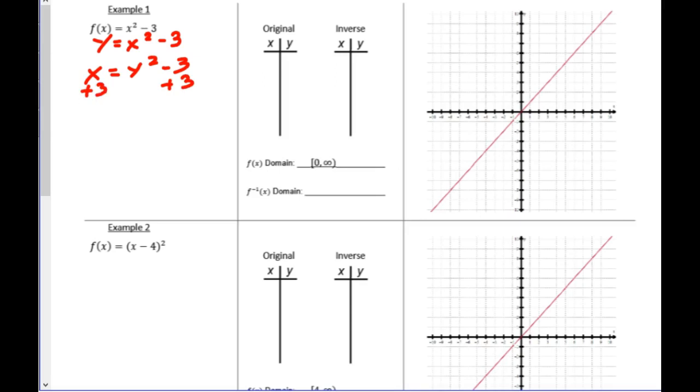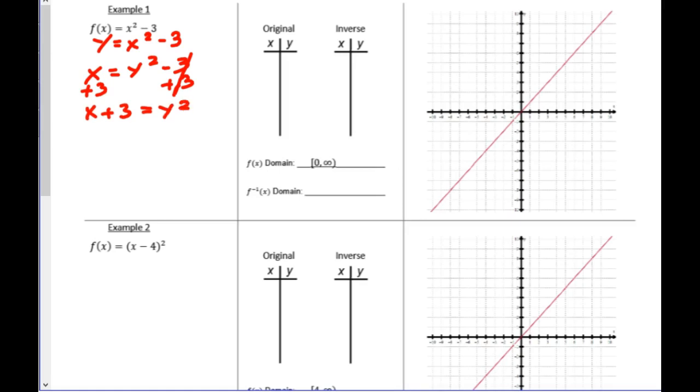Now what's x plus 3? Is it 4? Is it 4x? Is it 3x? So x plus 3 is x plus 3. So x plus 3 equals y squared.